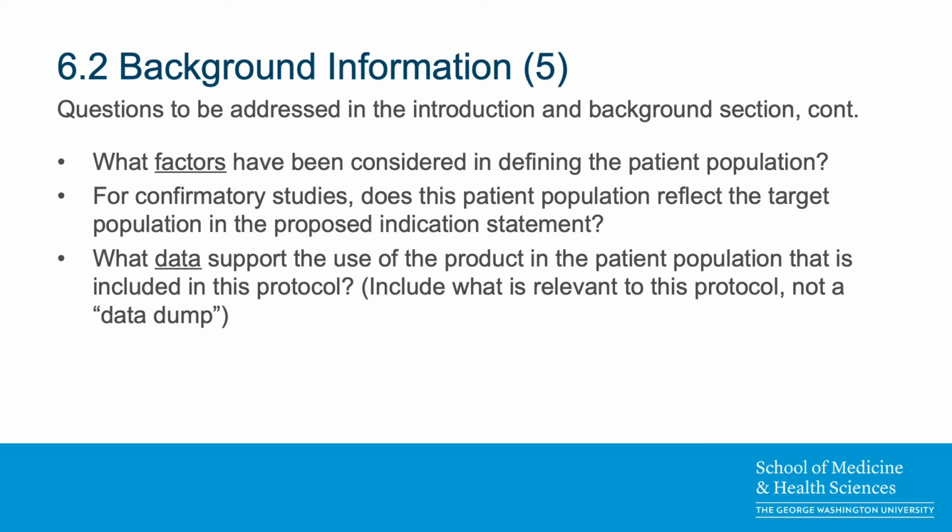Other things to consider. What are the factors that have been considered in defining the patient population? And then we mentioned before the importance that the population that's studied reflects the target population. And so this should be described. And then what data support the use of the product in this population, as I mentioned on the previous slide.